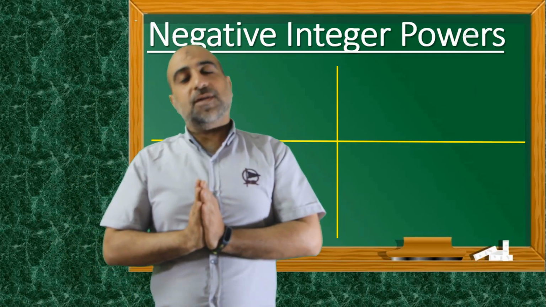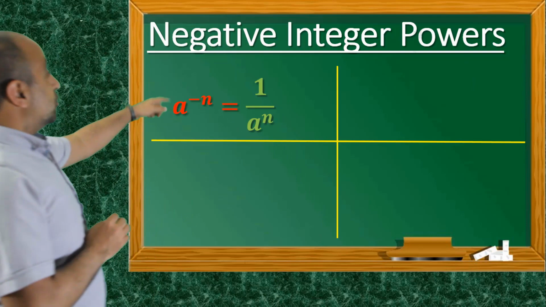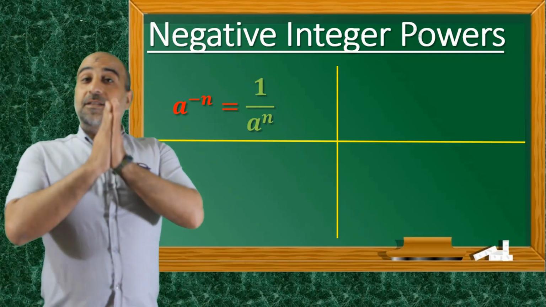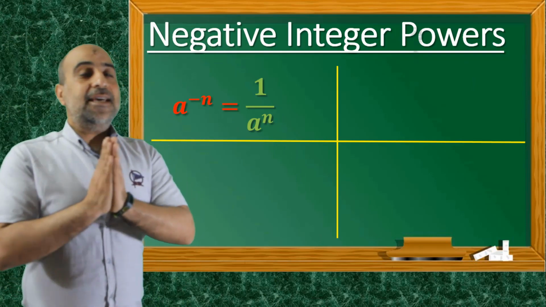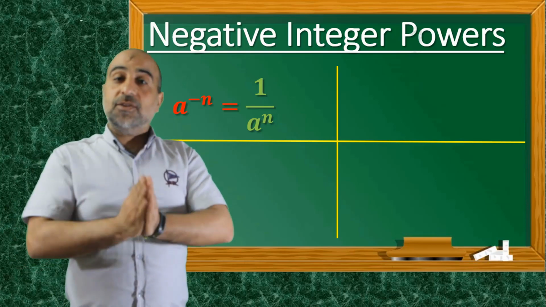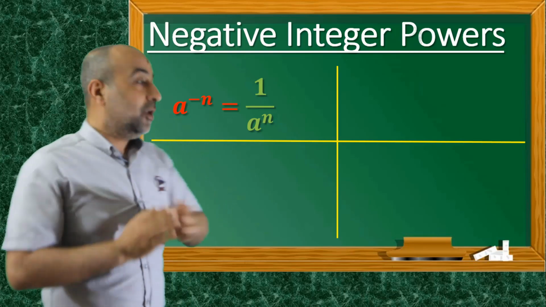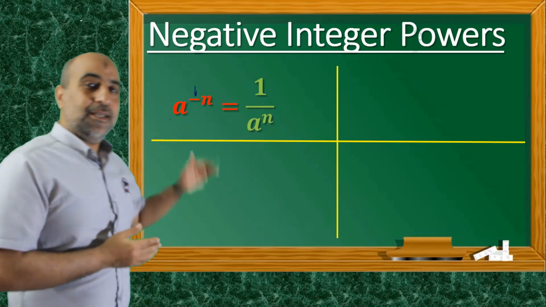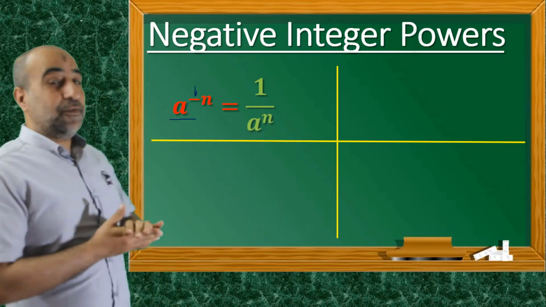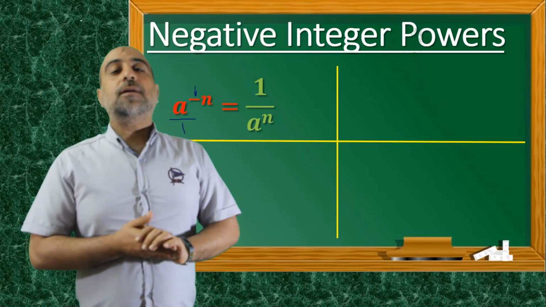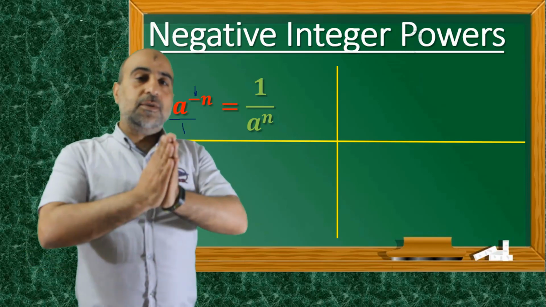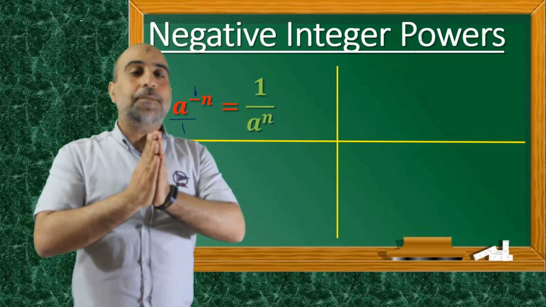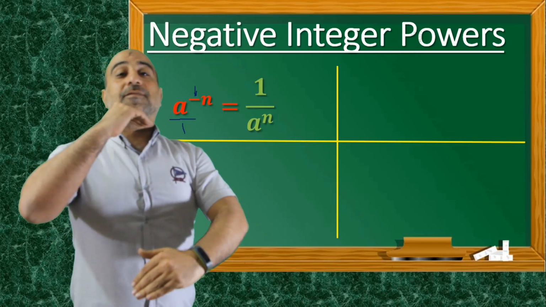Let's begin with the first form: a to the power of negative n. The power is negative. a is an integer, but it's a rational number with denominator 1; a over 1 is equal to a. For a to the power of negative n, I can get rid of the negative sign in the power by putting the reciprocal of the rational number.